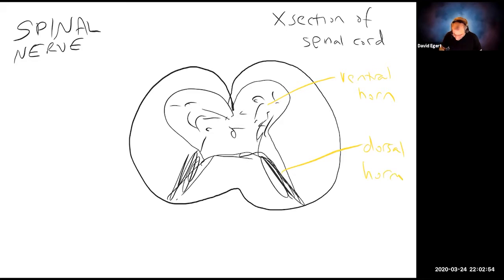So obviously, this is going to be posterior here. This is going to be anterior here.